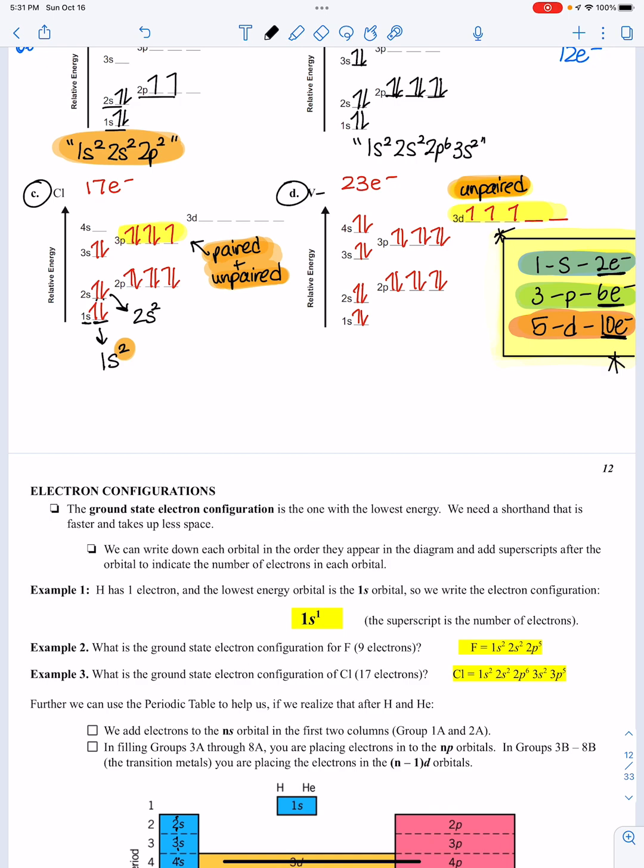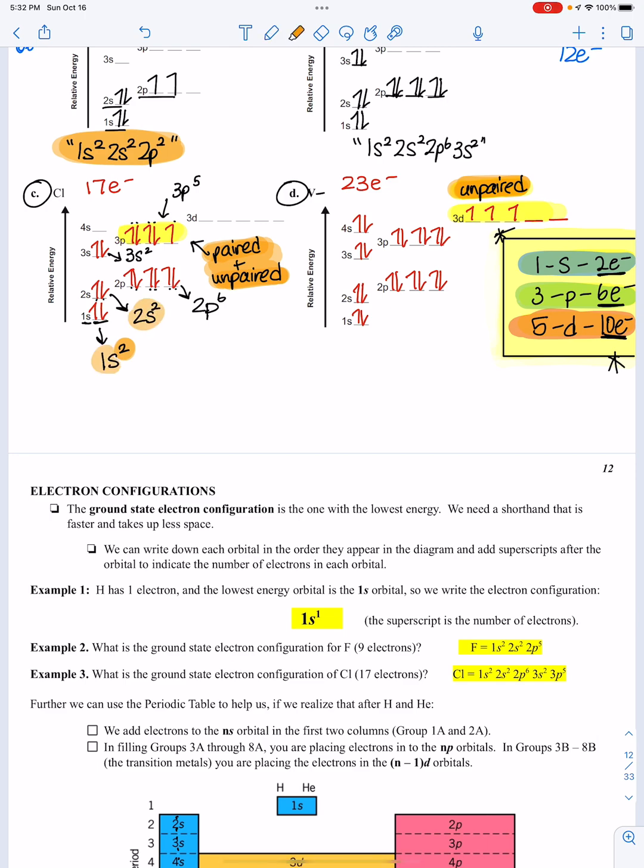We're not done though. In the second energy level, we still have this p orbital or set of orbitals. So it'll be 2p, and then we have 1, 2, 3, 4, 5, 6, 2p6. I'm going to keep on going up. We have 3s. There's 2 of them. And then finally, we have 3p, but there's not 6 in there. There's 1, 2, 3, 4, 5. 3p5.